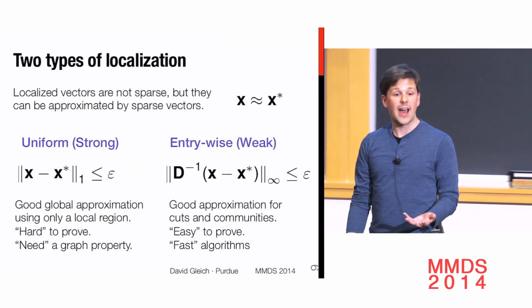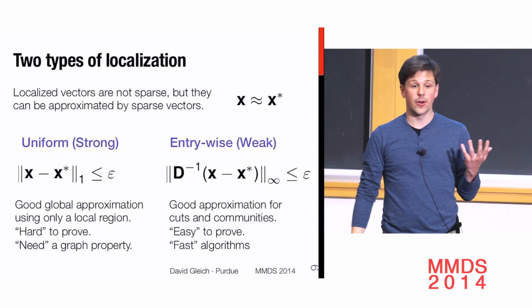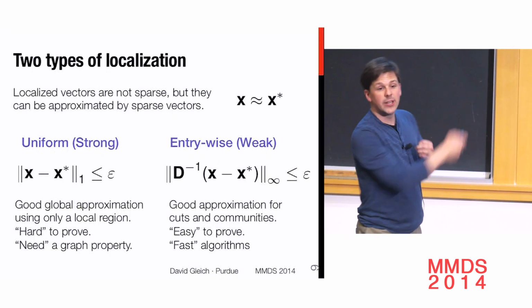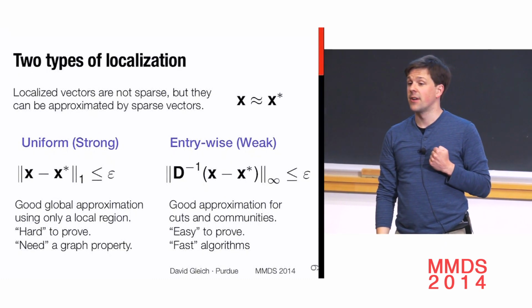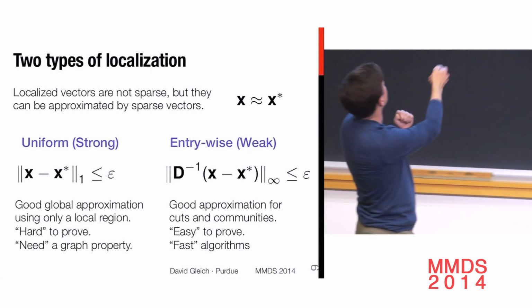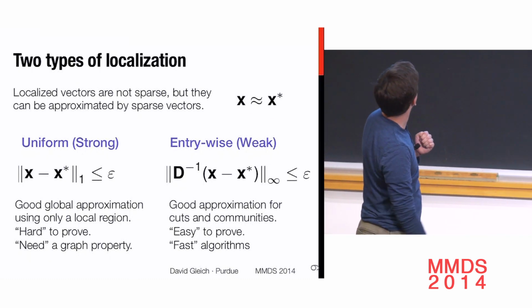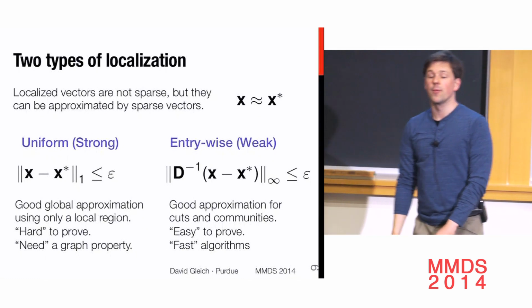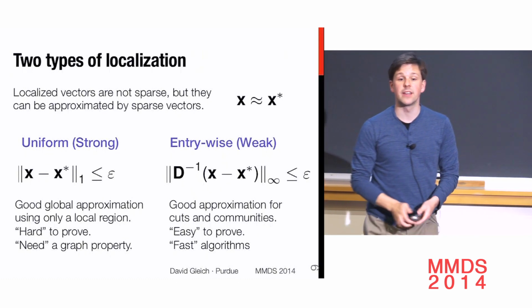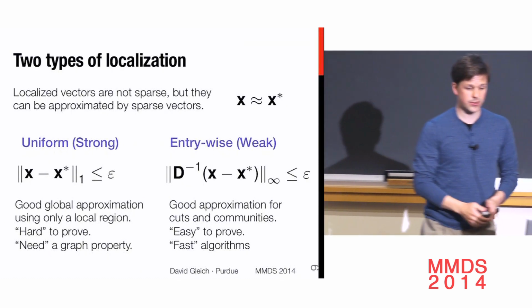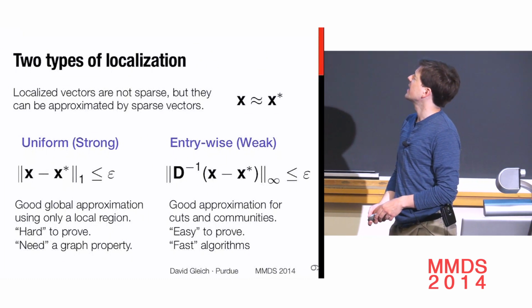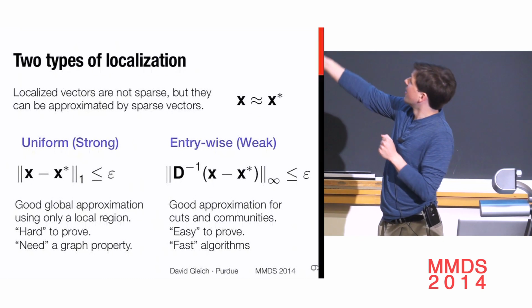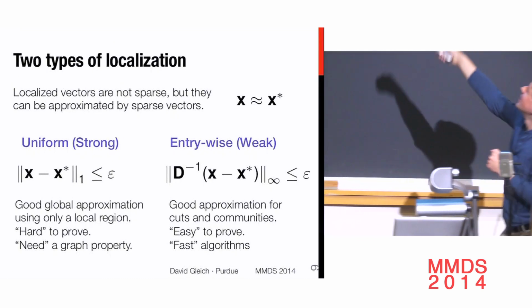So if you have a big graph and you have a very large degree node, in this metric you do not need to approximate that entry very accurately. The other kind of localization is going to be uniform, where we basically need to approximate the entire vector to a prescribed accuracy. These things tend to be much harder to prove than these things.